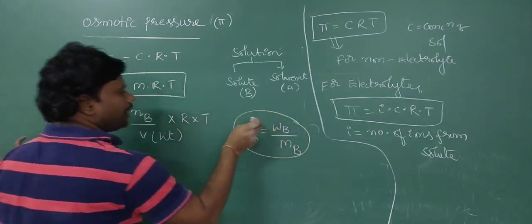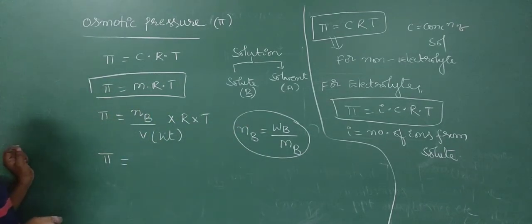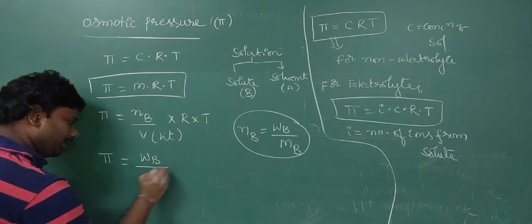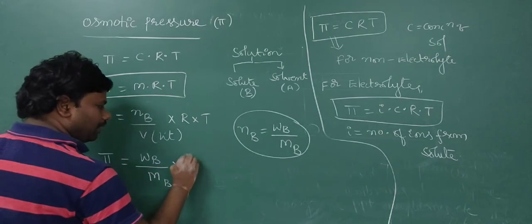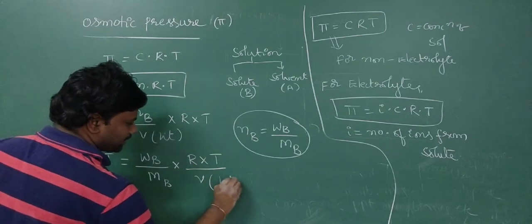Substituting this in the equation, pi is equal to weight of solute by molecular weight of solute into R into T by V in liters.